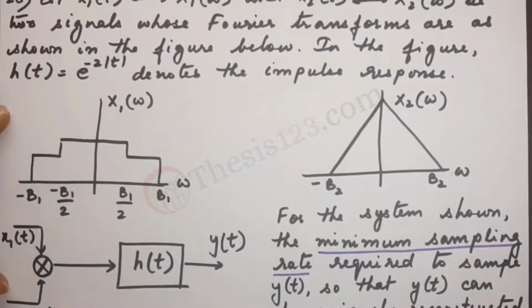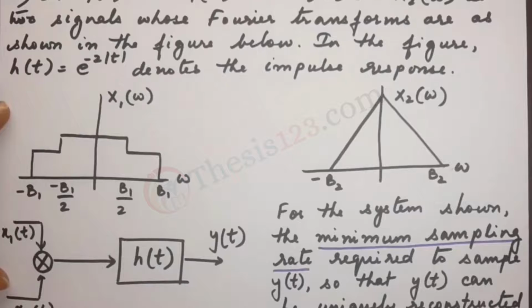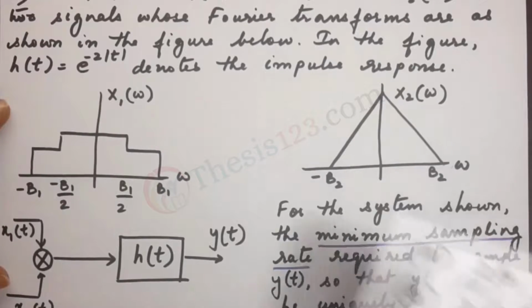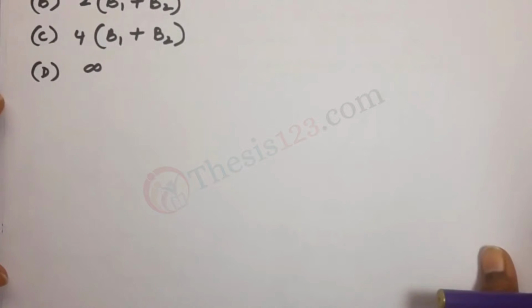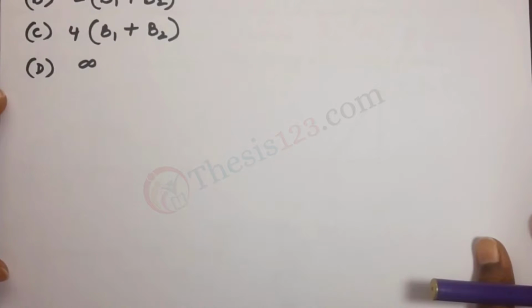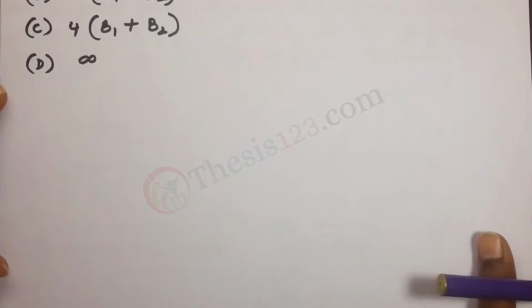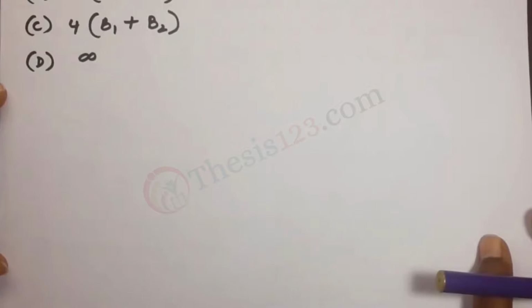Okay, so the question gives us four options, and I didn't have space to write it on this paper, so I've written it down on another sheet. Here are the four options: A, B1; B, 2 into B1 plus B2; C, 4 into B1 plus B2; and D, infinity.